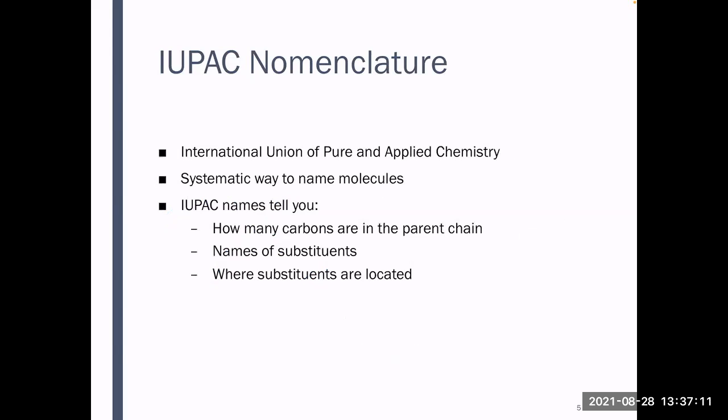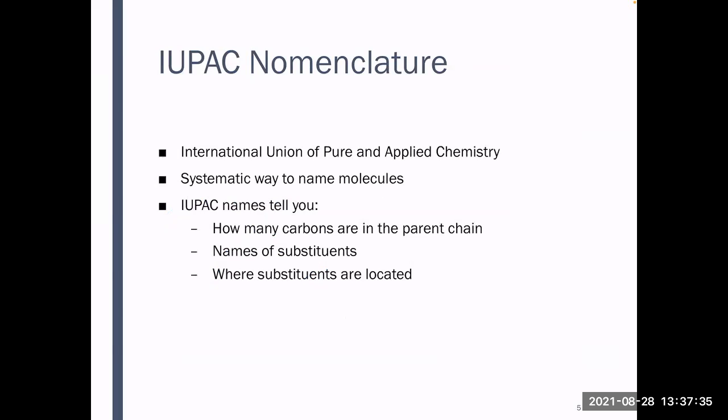So we're going to learn what we call IUPAC nomenclature. IUPAC stands for the International Union of Pure and Applied Chemistry. And these rules give you a systematic way to name molecules. So that way you don't have to remember common names of molecules, though there are many molecules where we just use the common name, and the IUPAC has adopted the common name.